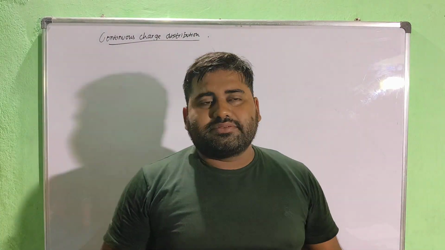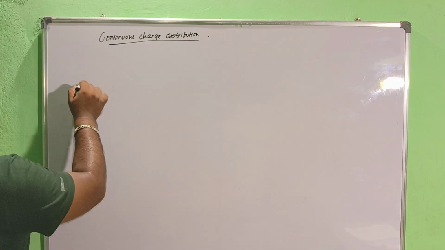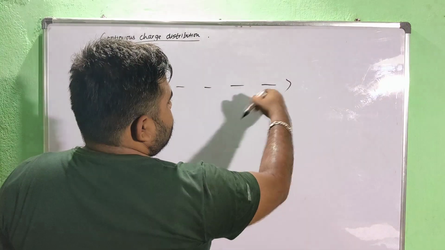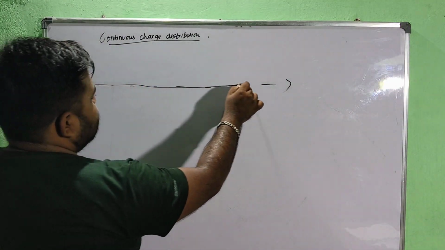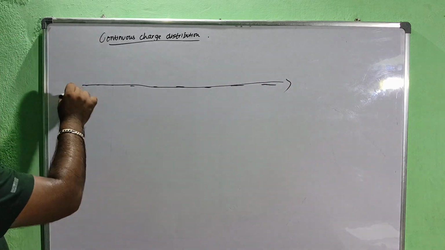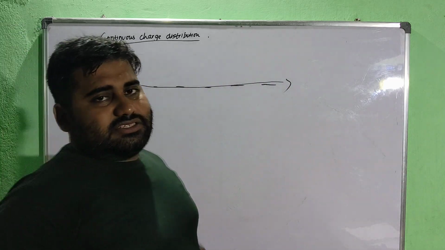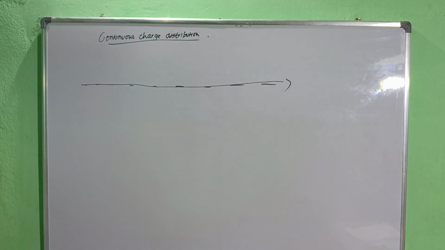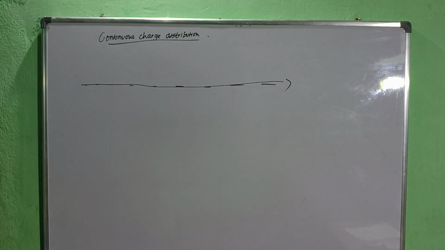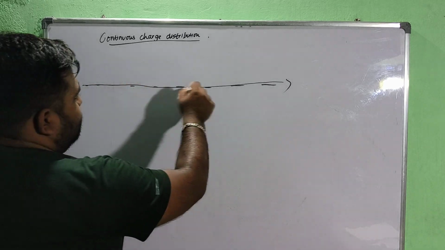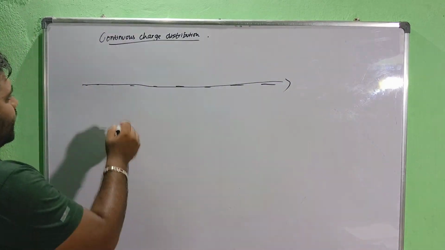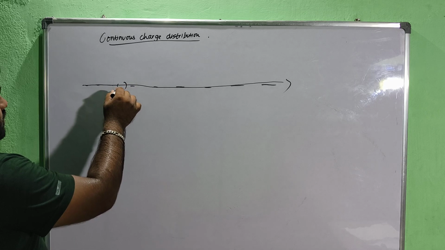What we see in daily lives is, like, this is a wire. A current is flowing through it, and what do we know? Current is the flow of charges. So charges are flowing from here to this point. Can we calculate the charge on this point?